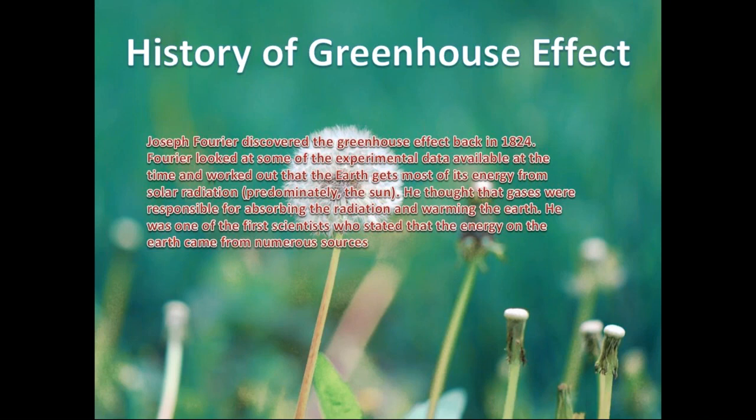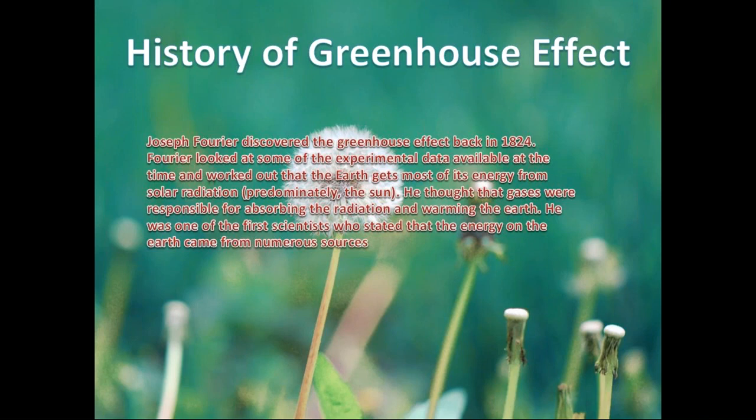But like I told you, John Tyndall picked it up around 1859. He was the first person that actually carried out an analysis to find out how much of these greenhouse gases we have in the atmosphere and how much heat they can radiate to the earth crust. And then from there, in 1896, Arrhenius continued the study by quantifying the amount of hydrocarbons and carbon dioxide, which are among the substances that we have in the atmosphere now.